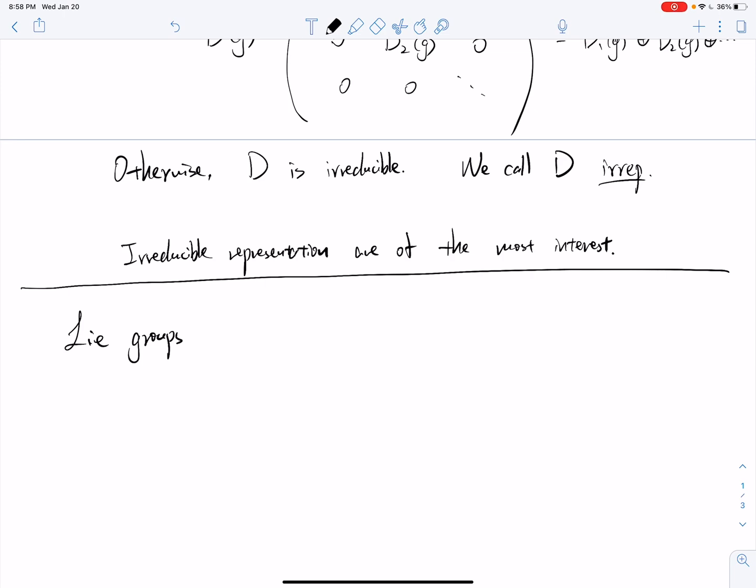So I'm going to introduce it in an easier way. So first of all, it's important to know that Lie groups are typically infinite groups, which means it has an infinite amount of elements, and it's normally called a continuous group.